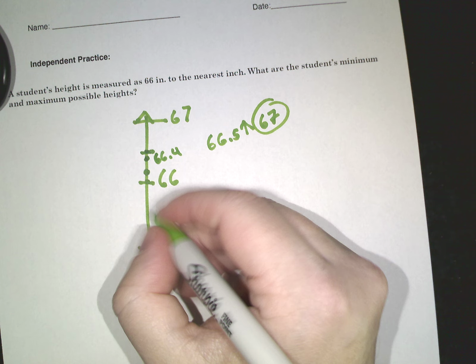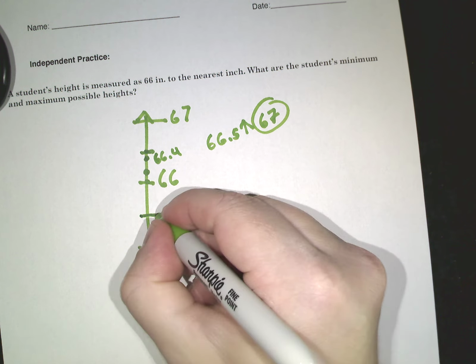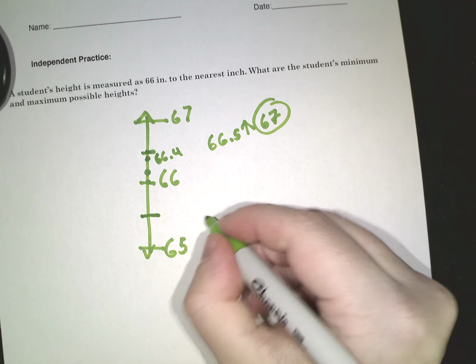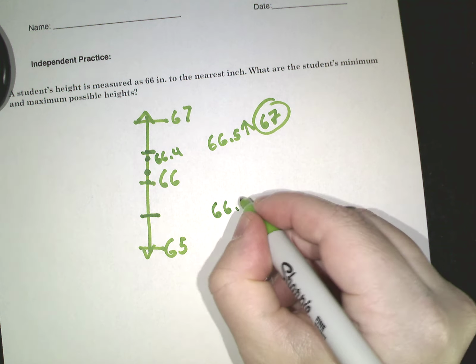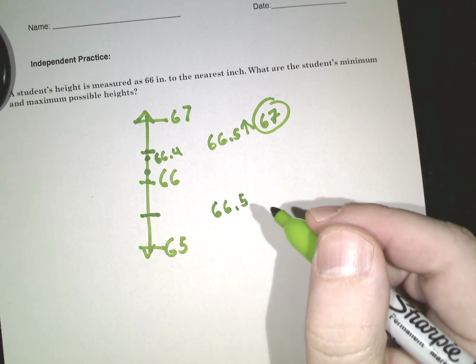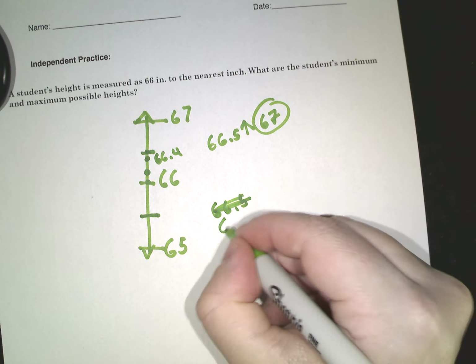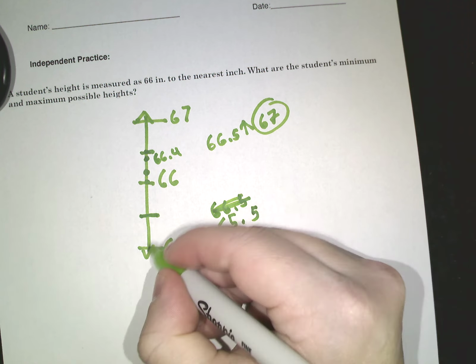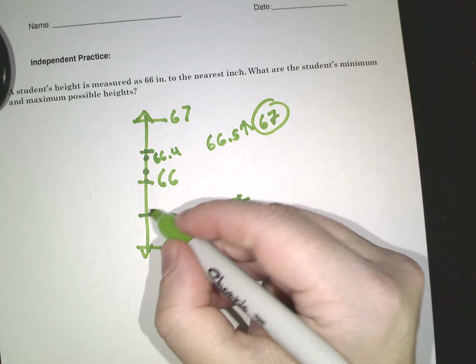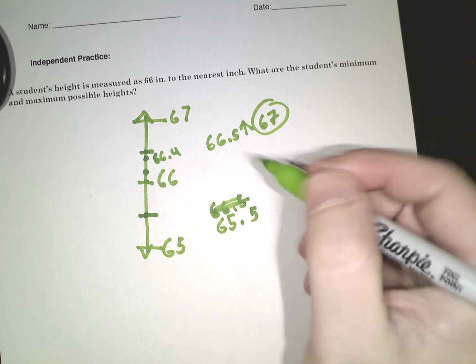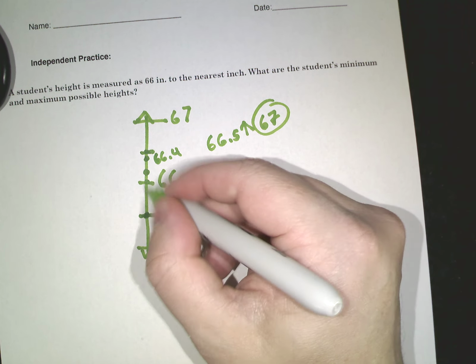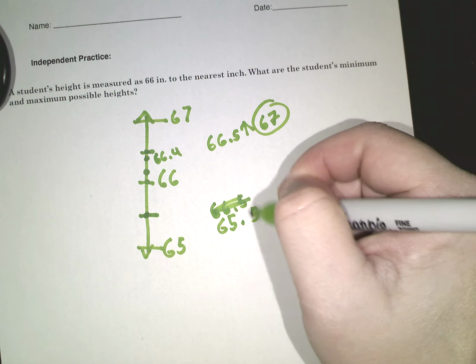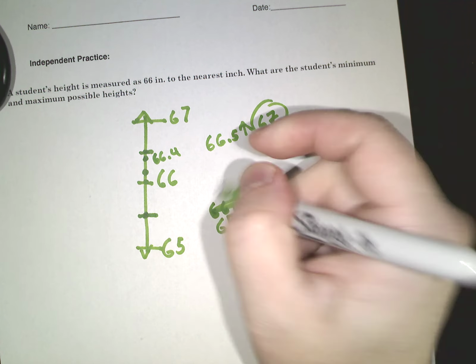Same thing over here. There's a halfway mark, and we call that halfway mark, oh, excuse me, 65.5, because we're measuring from here. When I get to this point, 65.5, I can just round up because of that 5. That 5 tells me I can round up.